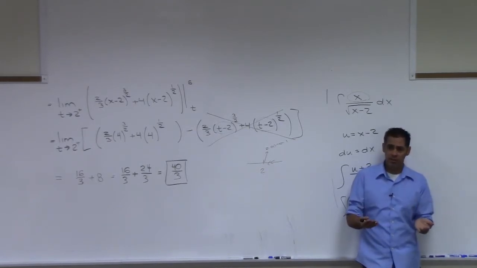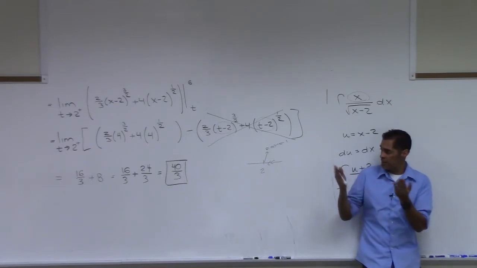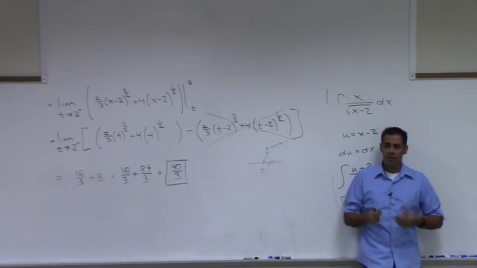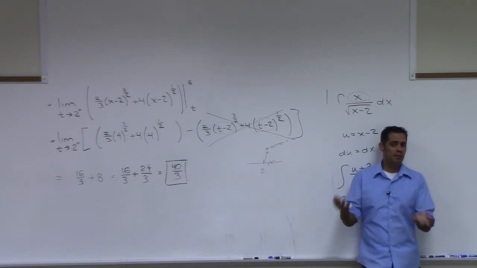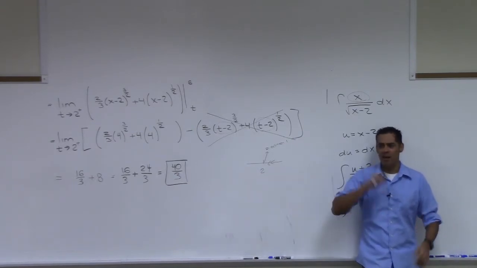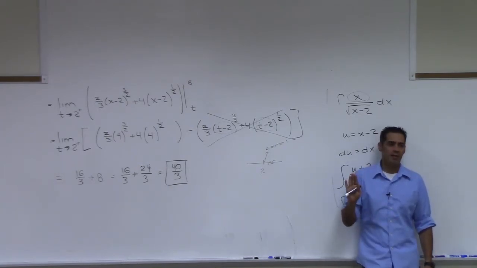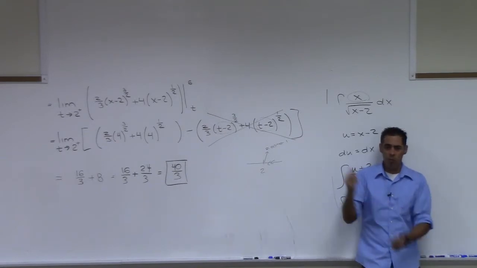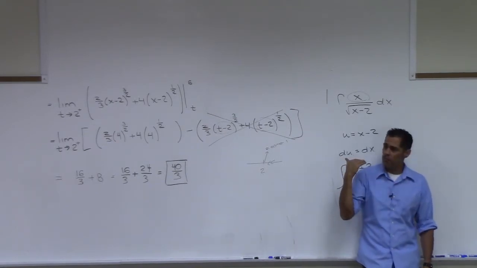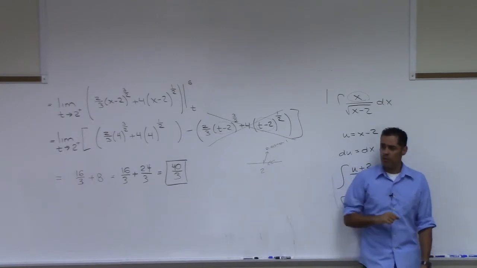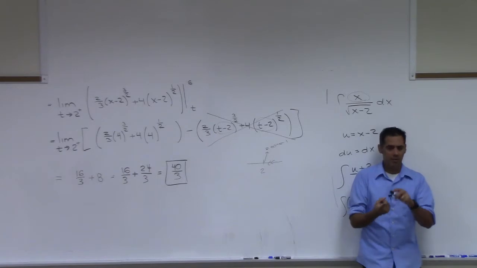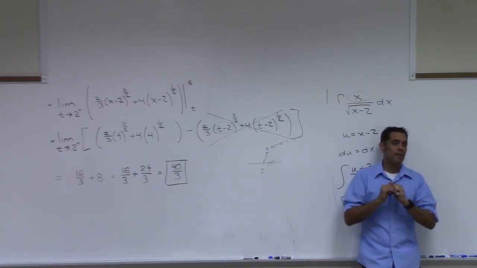You have convergence when you get an answer that is a number. You have divergence when it does not exist, infinity, when it's not a number. That's when you have divergence. It's easiest to remember it that way. Convergence is when you get a number. 1/9, right? We got that in the previous problem. Converges. 40 over 3 converges. Anything else that you get as an answer, either your limit doesn't exist or it goes to infinity or something crazy, then it's divergent.